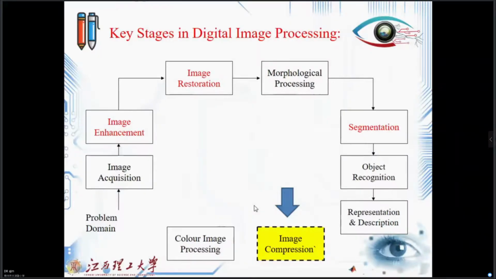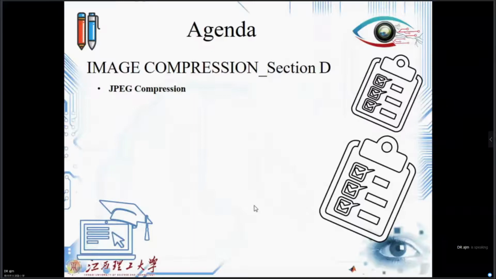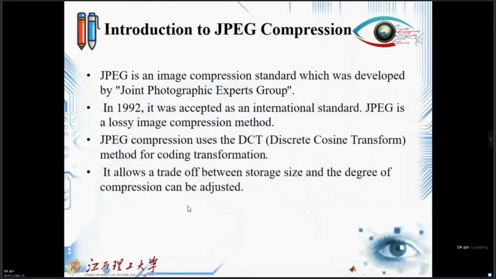Today's talk is about JPEG compression, and it's vastly used in image processing. First of all, JPEG is a standard method which was developed by the Joint Photographic Experts Group in 1992, and it's accepted nowadays as an international standard method.